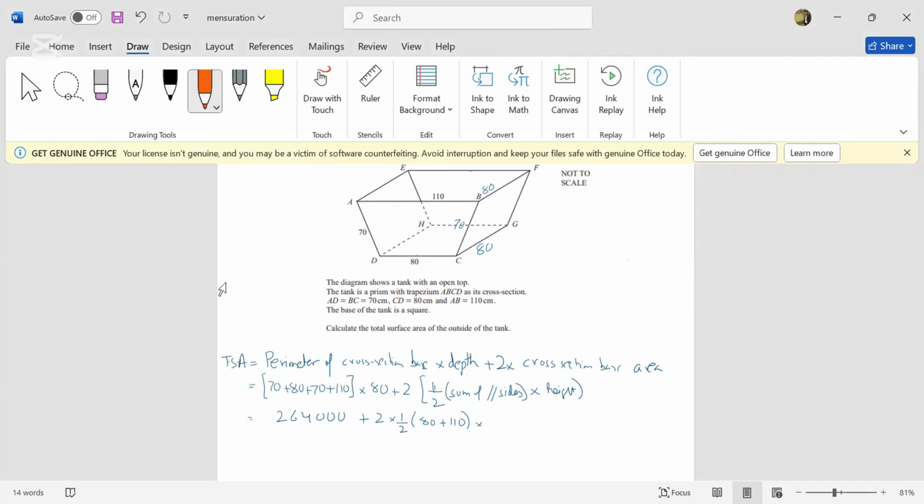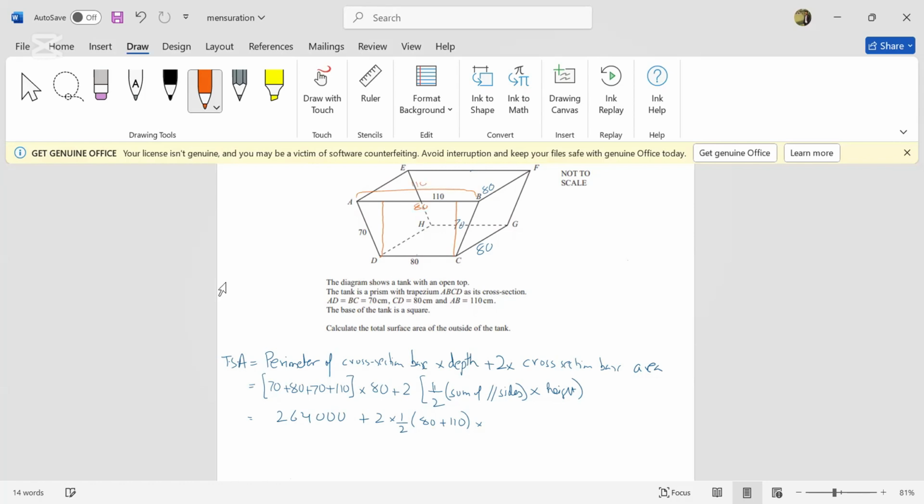Okay, let's mark the height of the trapezium. This is the height of the trapezium. If we check out this middle portion, the area between the two orange lines, this part is 80 and this whole is 110.